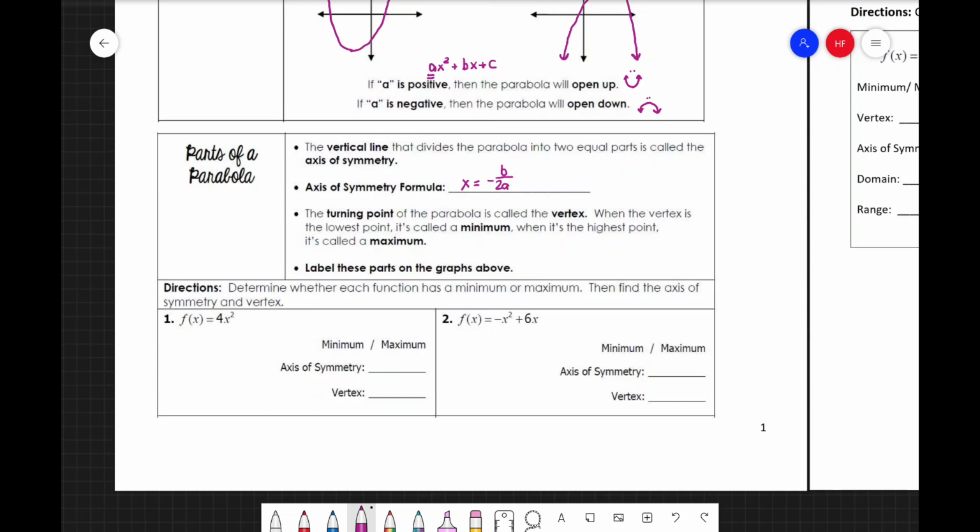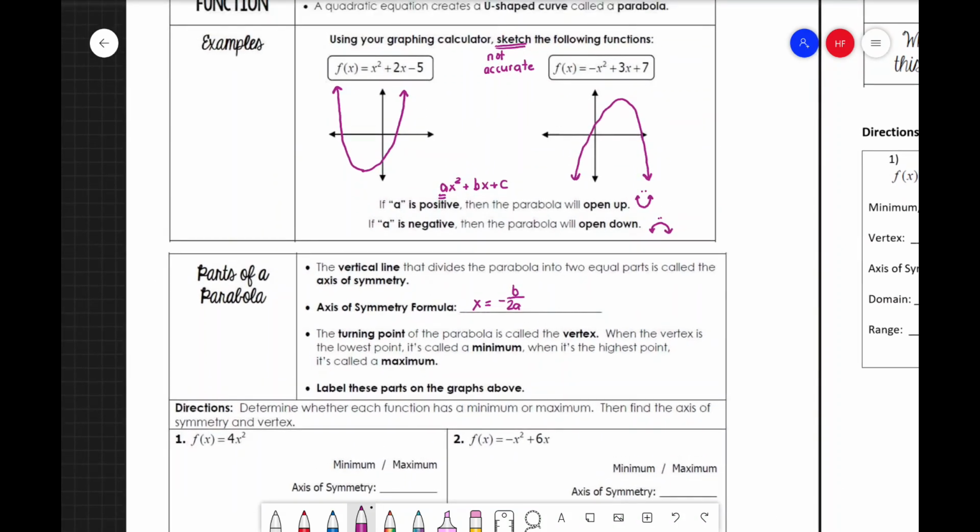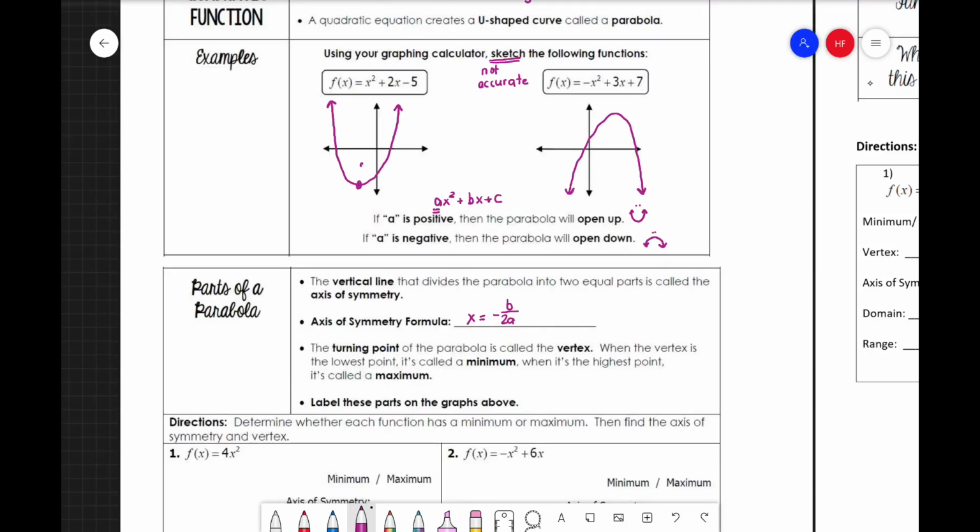So when the vertex is the lowest point, we call that a minimum. When it is the highest point, we call that a maximum. So on our graphs here, the vertex is the lowest point. So this is a minimum. On the graph on the right, this is the highest point. So that is a maximum.